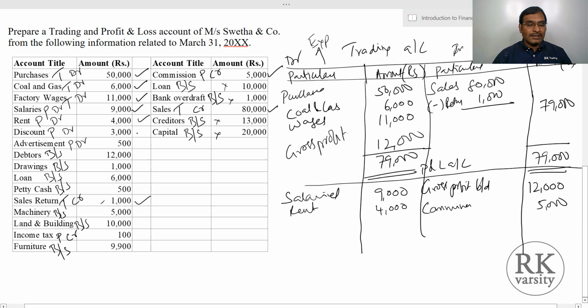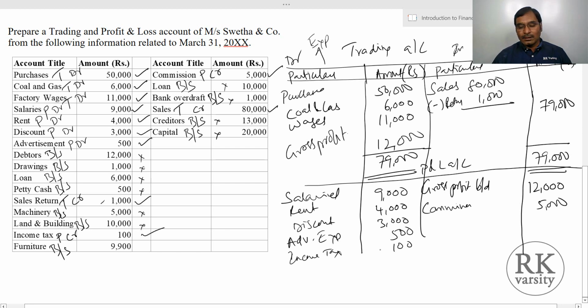Then your discount allowed 3,000. And then your advertisement expenses 500. Then debtors will not be here. Drawings, loan, petty cash, machinery, land and buildings. Income tax 100. So there are no other items. We posted all the items.